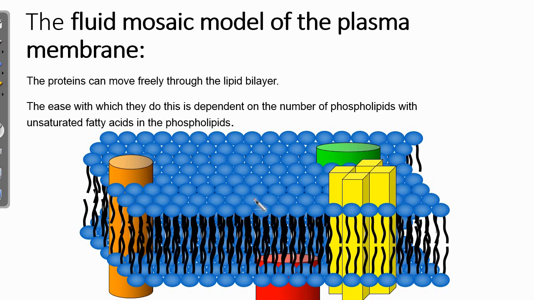When you view this cell membrane from the top, it looks like a mosaic, the patterns of different proteins. So therefore, the fluid mosaic model of the plasma membrane was really helpful to study the fluidity of the membrane.